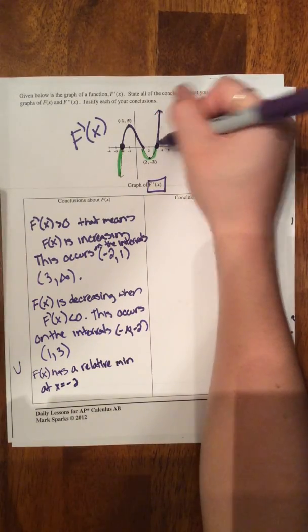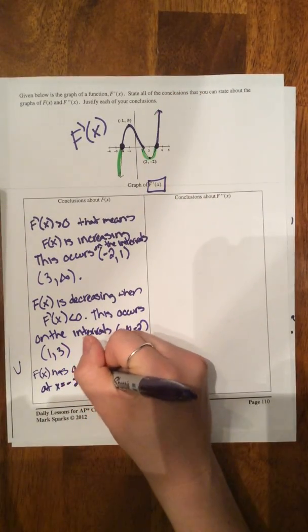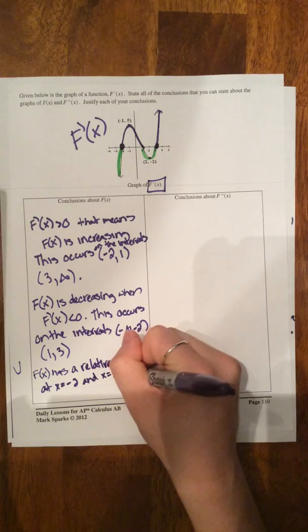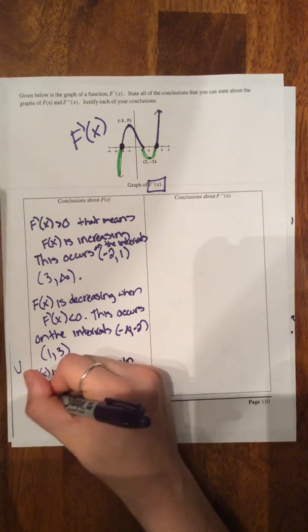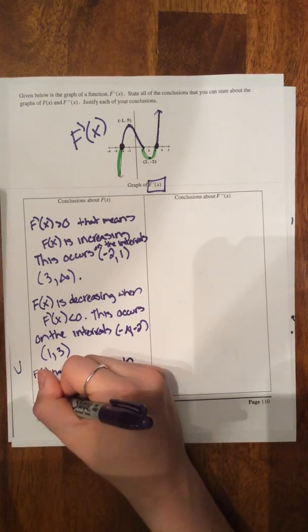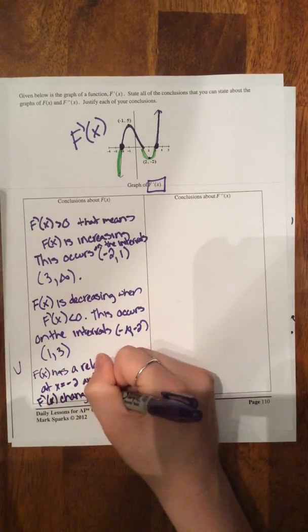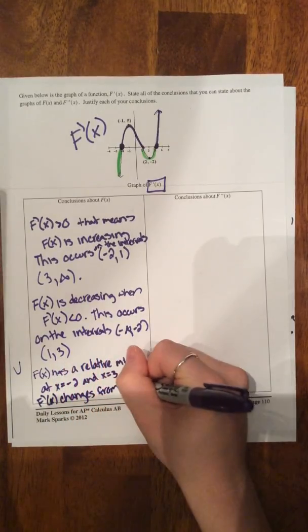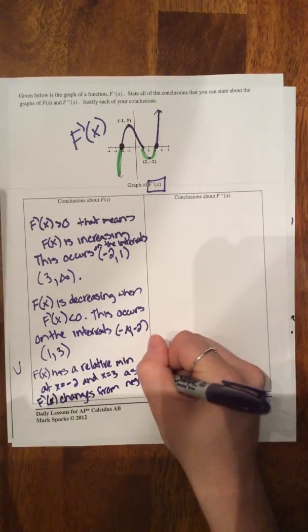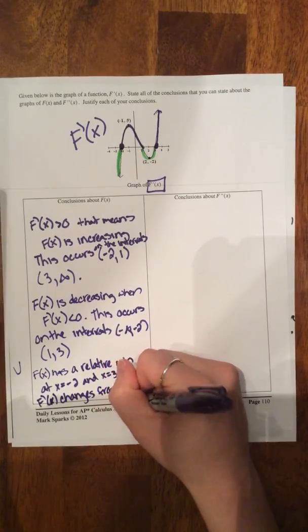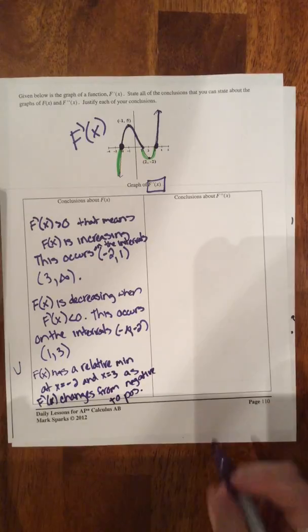And the same thing is happening over here at x equals 3. And the reasoning is f prime changes from negative to positive. And I'm definitely running out of room.